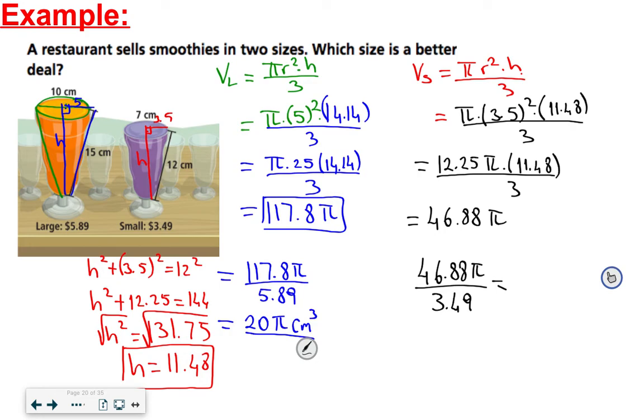Then we will get 46.88 divided by 3.49, approximately 13.43 pi cubic centimeter. So for per dollar, which one can you get more smoothie in? The large size. So large size is better.